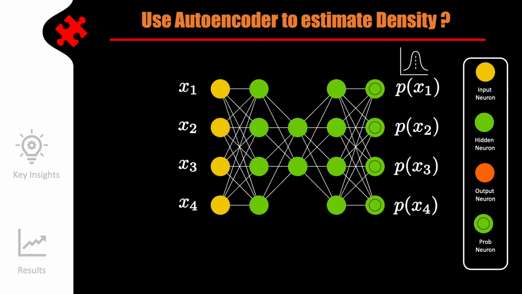So assuming that your x1 is following normal distribution, you should think that this probability neuron is outputting two real values, a mu and a sigma. So it is not outputting a probability, it is predicting the mu and sigma for your probability distribution function. And then you use them to compute the probability of x1.